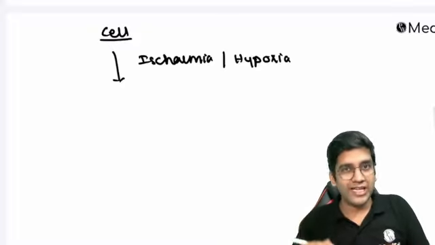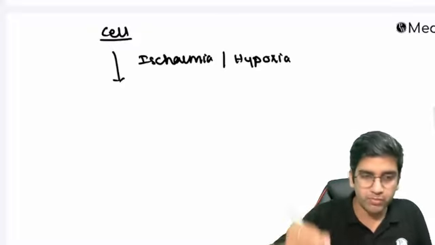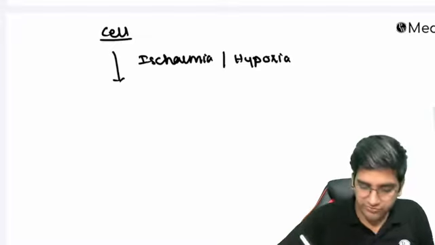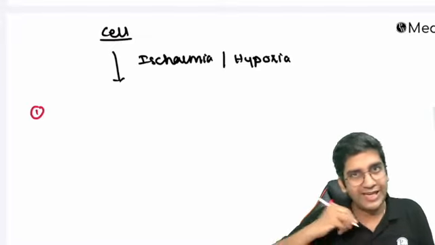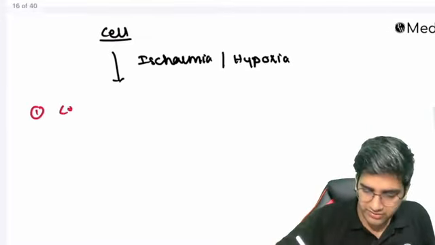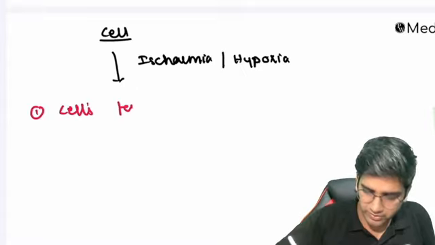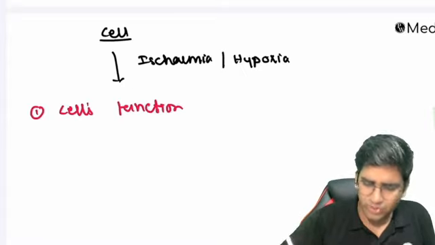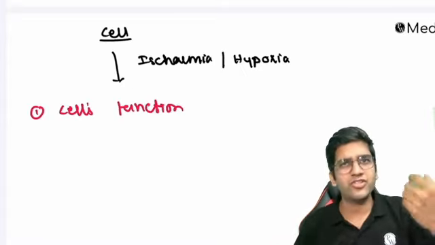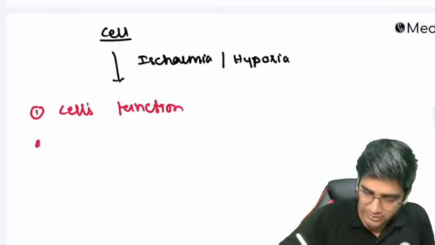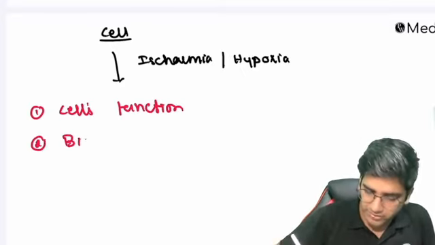Whenever I'm having a cell injury, there are a few things which I want you to remember. Robbins has a timeline. The first thing which will be lost in any cell injury is the cell's function. Simple thing. A cell cannot function when there's no oxygen or blood. The second thing which will alter is biochemical.